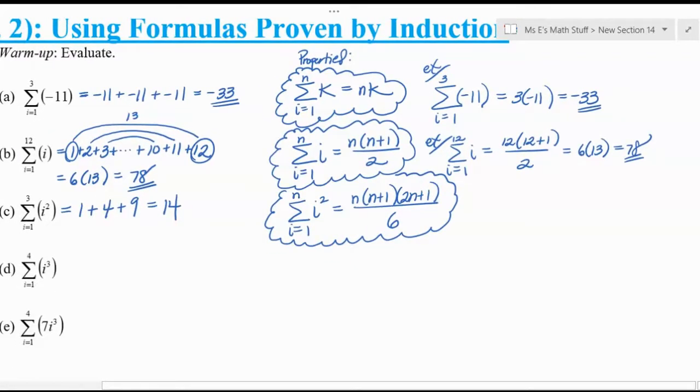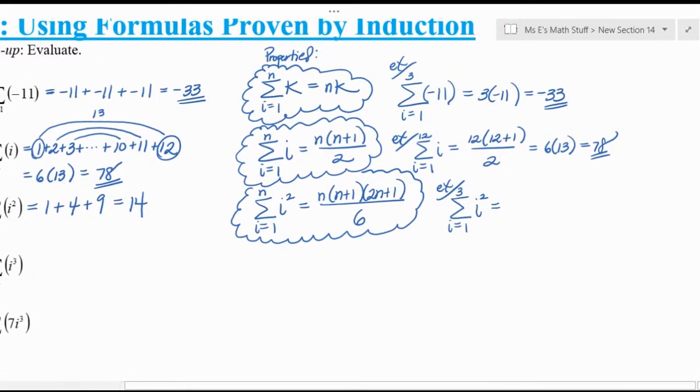So just a quick illustration of that one. Let's redo part C from the warm-up using the formula just to show that it works. So we had the sum as i goes from 1 to 3 of i squared. If you were to use this formula to get the answer, you just put 3 in for all the n's.